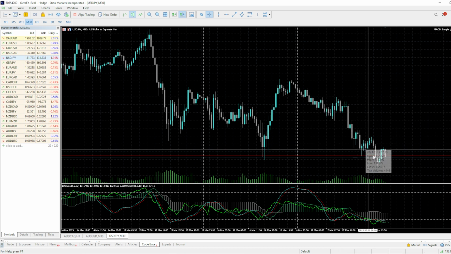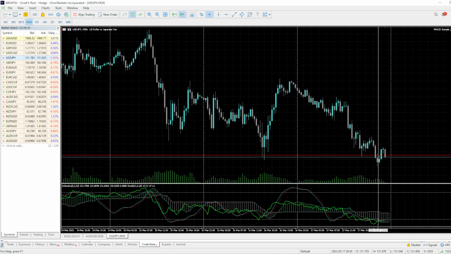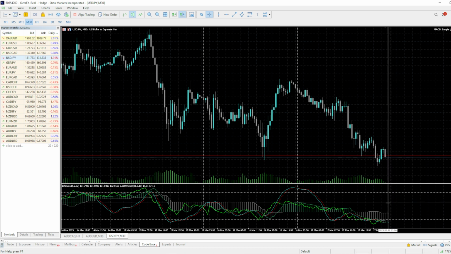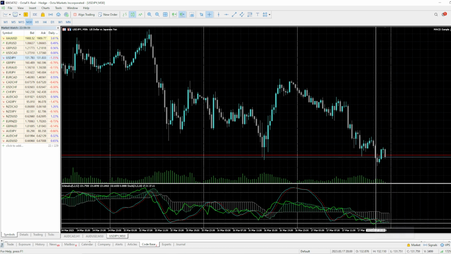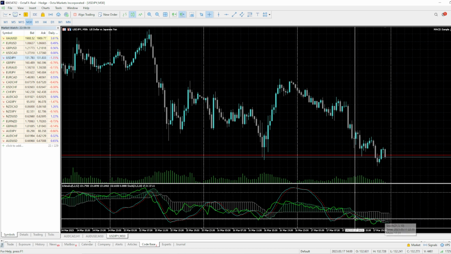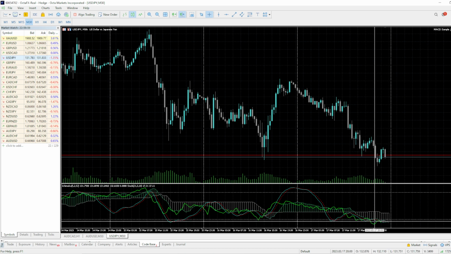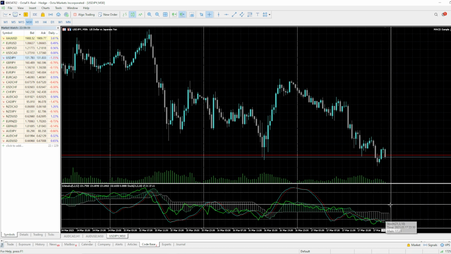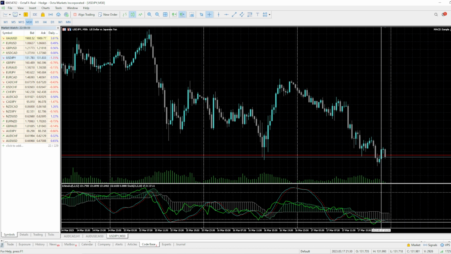Take a look here. Okay, now here in this area, take a look, the current area. What are we going to do here? We will see only the stochastic came into the cloud, it's our oversold region.